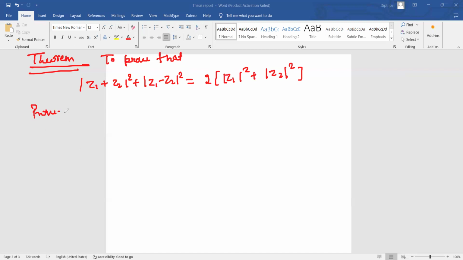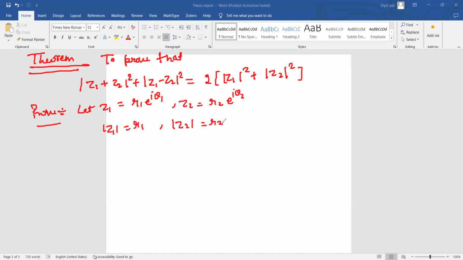So let Z1 equals R1 e to the power I theta 1, Z2 equals R2 e to the power I theta 2. So modulus of Z1 is R1, modulus of Z2 is R2.